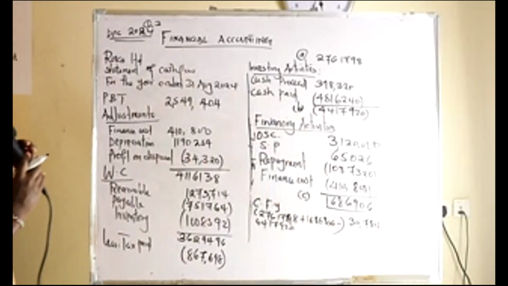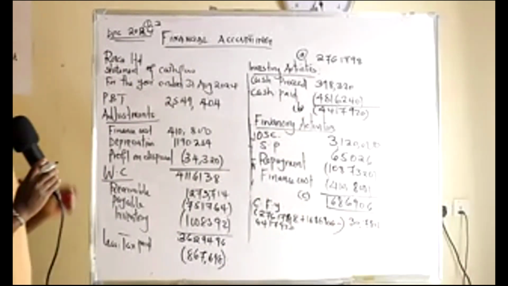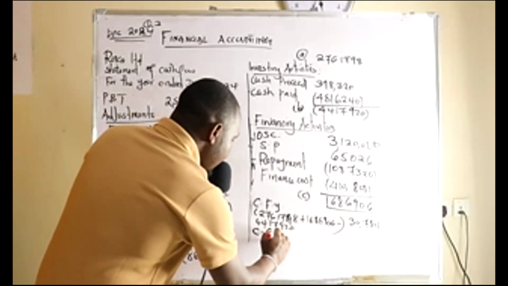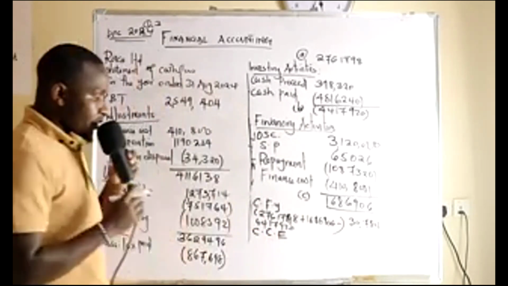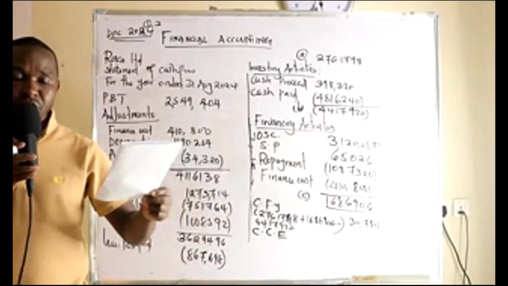And then you take the cash and cash equivalent at the beginning. You just go to the balance sheet.